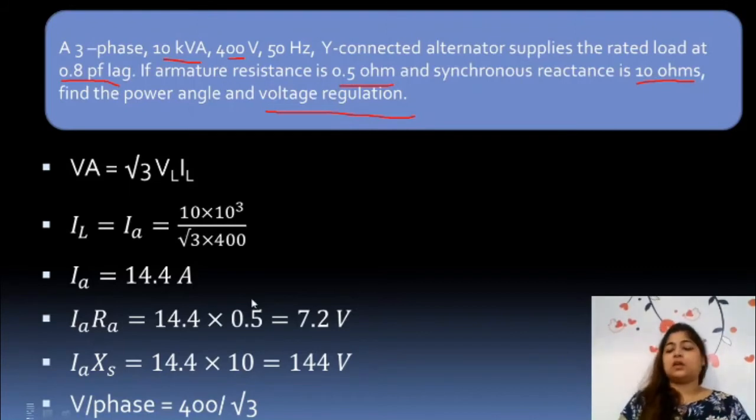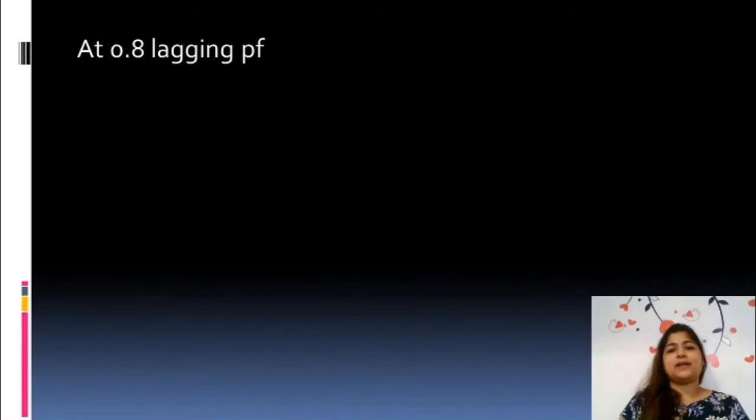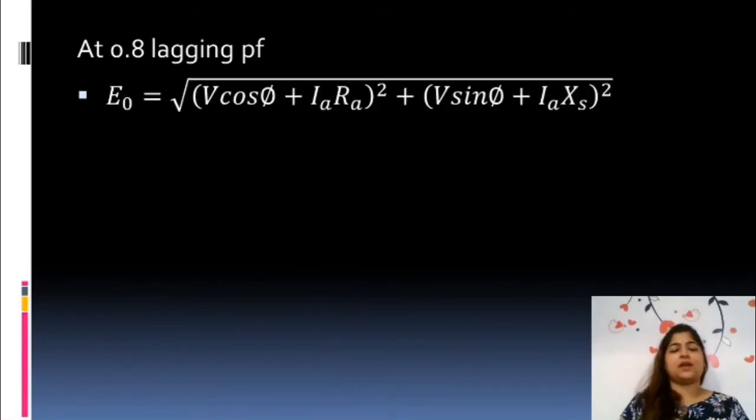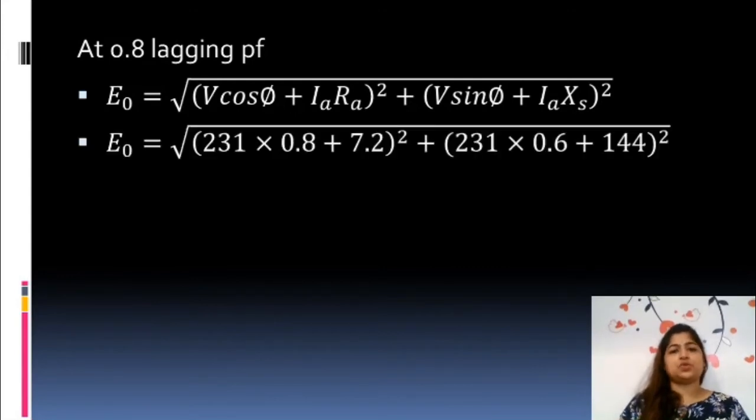Quickly, we will go for the EMF induced. Because it is 0.8 lagging power factor, I'll straight away write down the equation. E naught is equal to root of (V cos phi plus IARA) square plus (V sin phi plus IAXS) square. And after substituting all the values, I have calculated IARA, IAXS already. If you haven't, you can substitute it here and get the values.